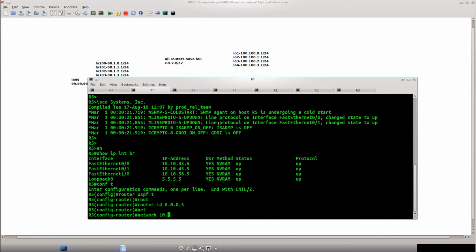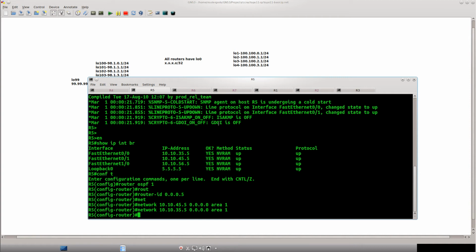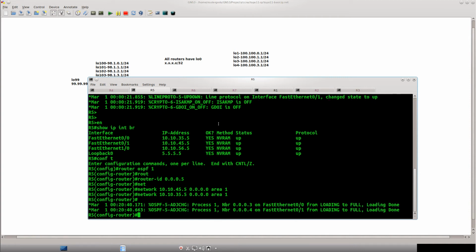Let's see, 10.10.45.5. Sounds about right. 0.0.0.0, area 1. Hit the up arrow, change the 45 to a 35. I think we should be okay there because 10.10.56 is on the right side. Hit the up arrow again and change that network statement to all 5s.